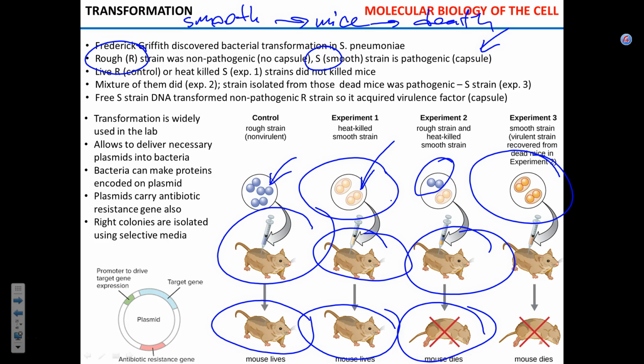So apparently what happens, when you take a rough strain, which is non-pathogenic, and you add smooth strain, which was killed, that's why I put it in green, it produces smooth strain that is pathogenic.